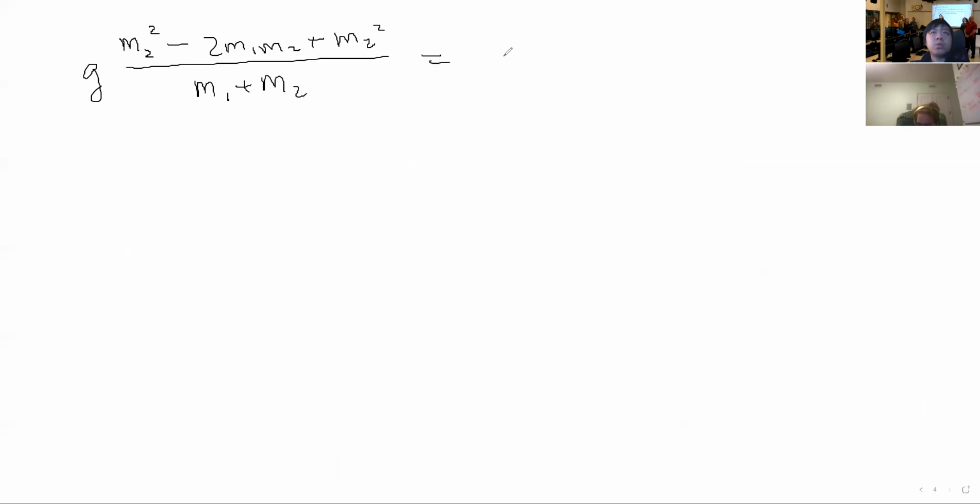Okay, so I'm going to flip a new page. So G times (M2 squared minus 2M1M2 plus M1 squared) over M1 plus M2 is equal to the tension minus the external forces. Okay, the gravity and tension of both strings. That's good.